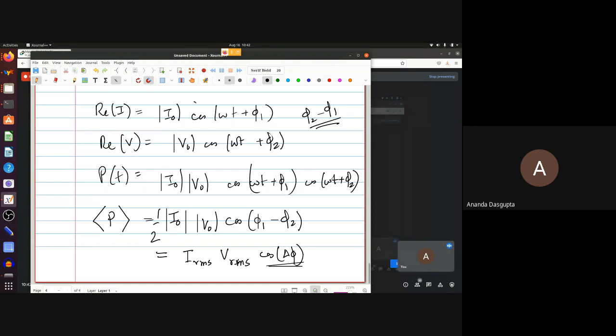You're getting IRMS into VRMS. Remember, IRMS is mod I0 by root 2, VRMS is mod V0 by root 2. The two root 2s take 1 by 2 in front. And cosine of phi 1 minus phi 2 gives you the extra factor which you multiply the RMS current times RMS voltage by, and that's called the power factor.